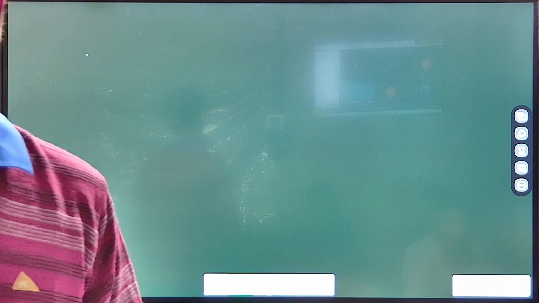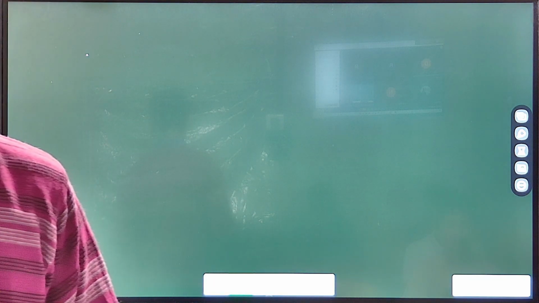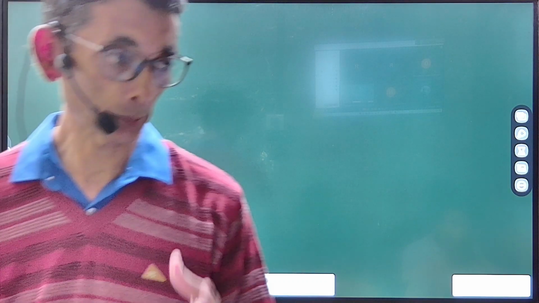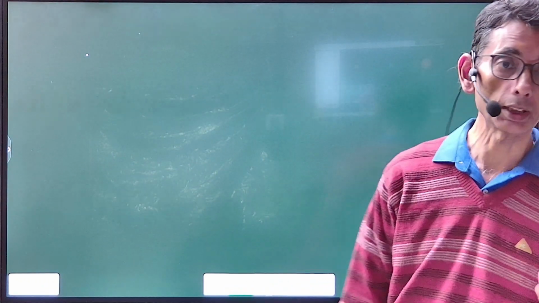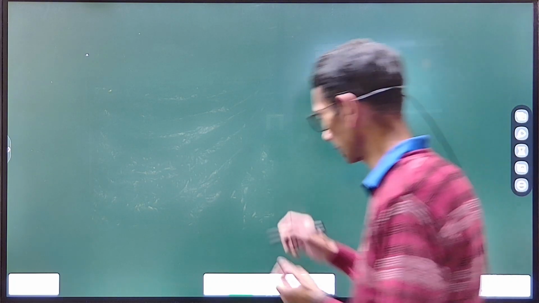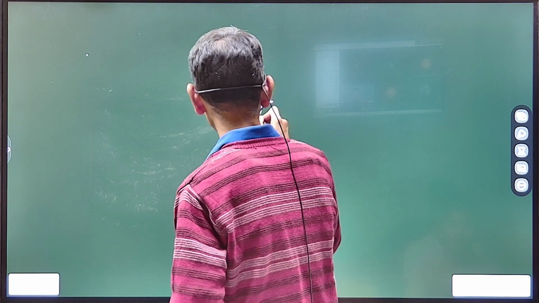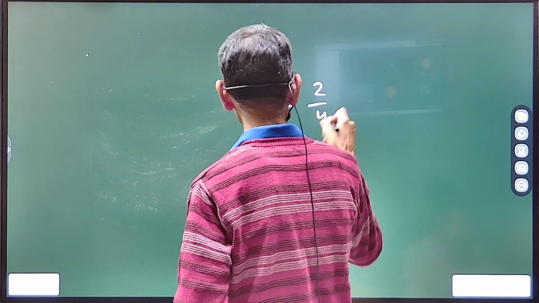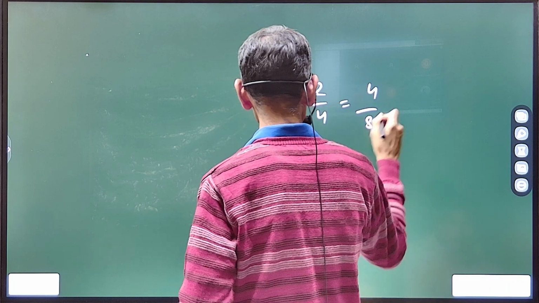Now what is called proportion? You got proportion in lower classes. For example, you have heard about the equivalent fractions. What are equivalent fractions? For example, half is equal to 2/4, is equal to 4/8, is equal to 8/16.